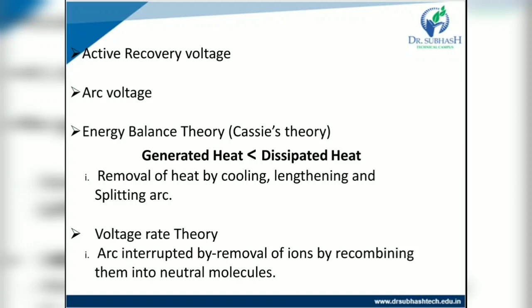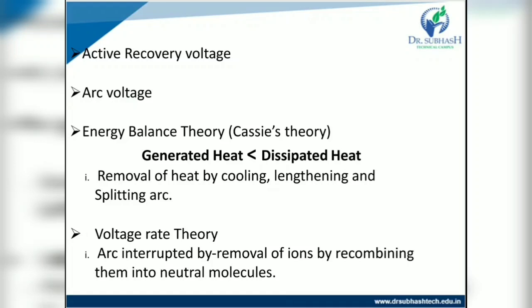And the restriking voltage is the transient voltage that appears across the contacts at or near current zero during the arcing period. So these are the simple definitions of recovery voltage, arc voltage and restriking voltage.